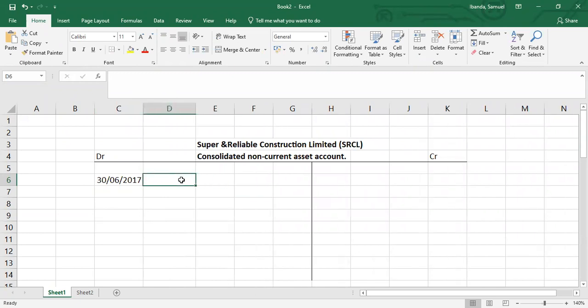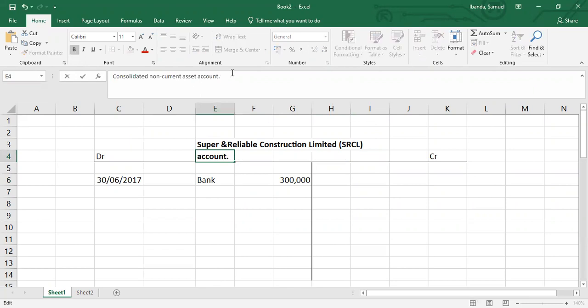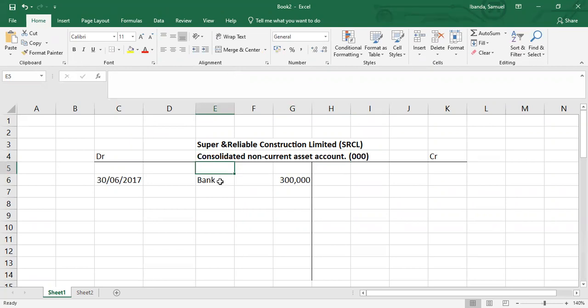We debit the asset account, and of course, when we are working with accounts, we write bank here and then write the amount. This amount is 300 million. I'll work in thousands, like that, okay? So this is what happened.